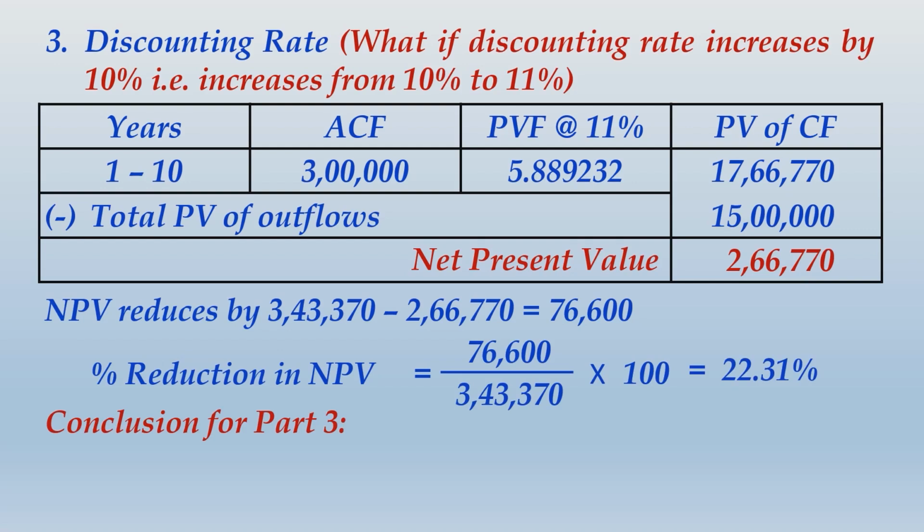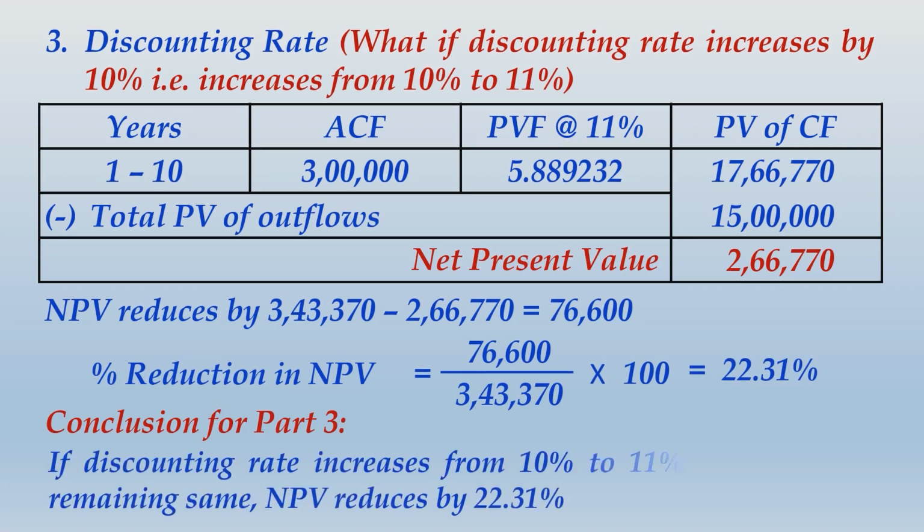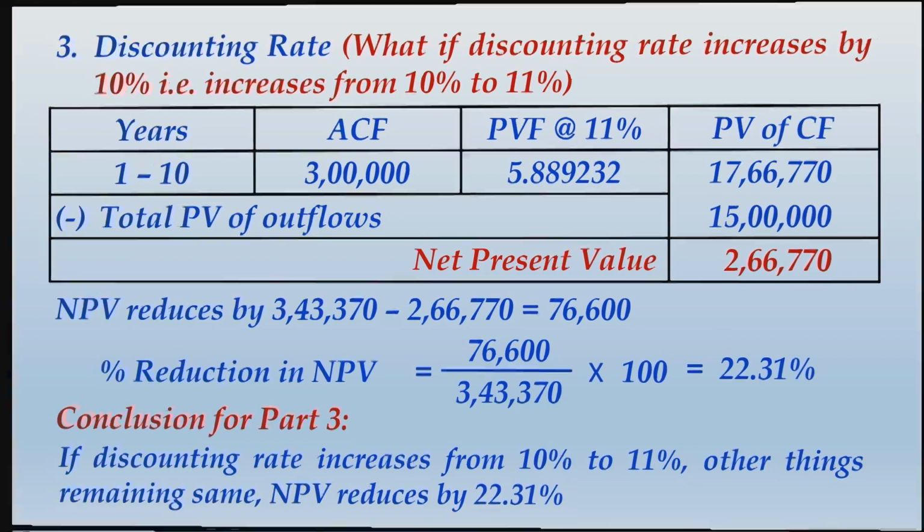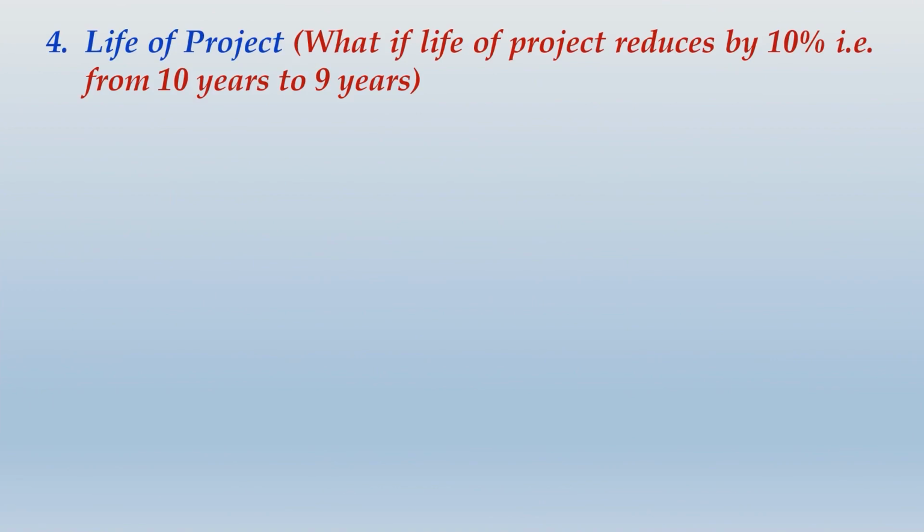So conclusion for part 3 would be, if discounting rate increases from 10% to 11%, other things remaining same, NPV reduces by 22.31%. Let us move ahead and deal with the fourth factor, that is life of the project. So what if the life of the project reduces by 10%? So it was originally 10 years life.